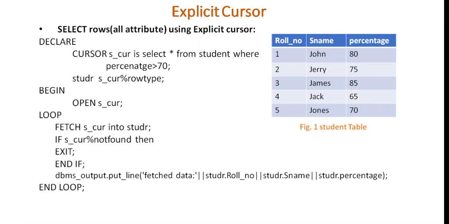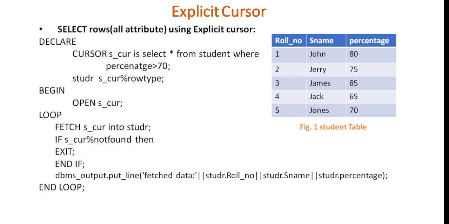We can display data by using an implicit cursor also, but the limitation of an implicit cursor is that it can fetch a single row. When we want to fetch and display a number of rows from the table, then we should use an explicit type of cursor. And while using an explicit cursor, first we need to declare that cursor in the declare section.